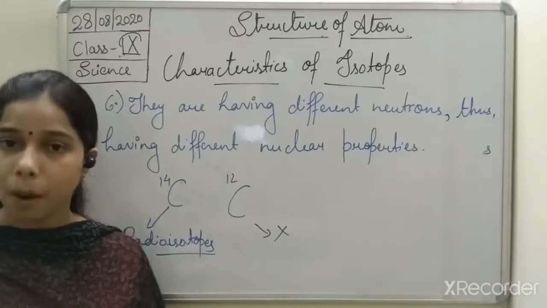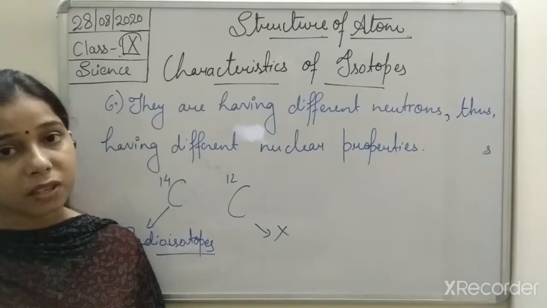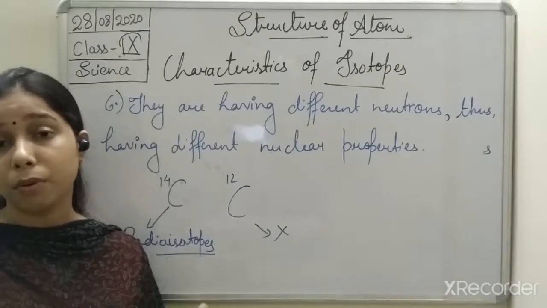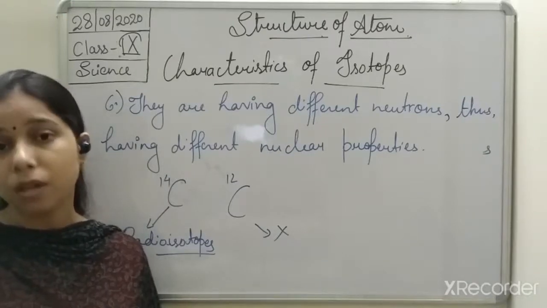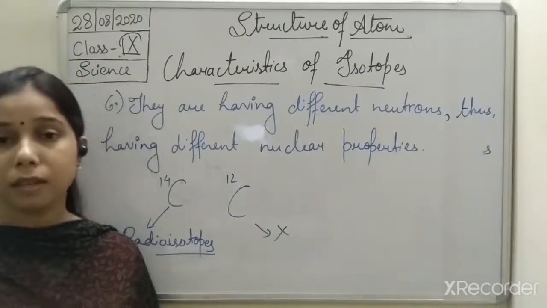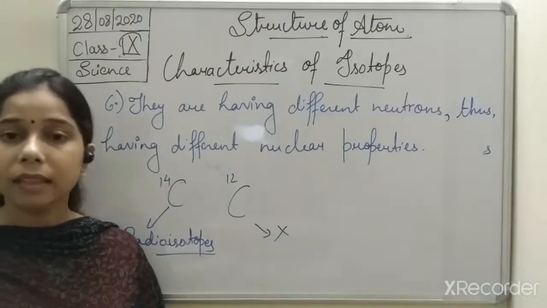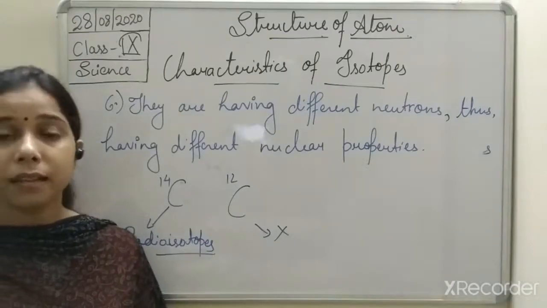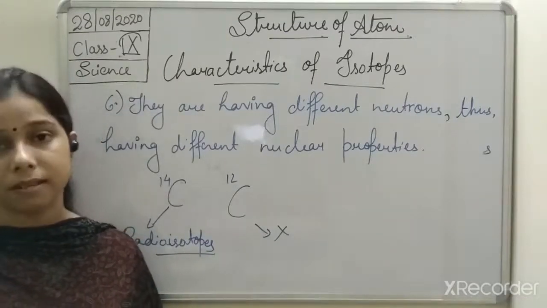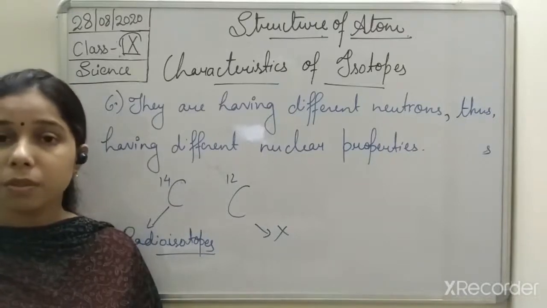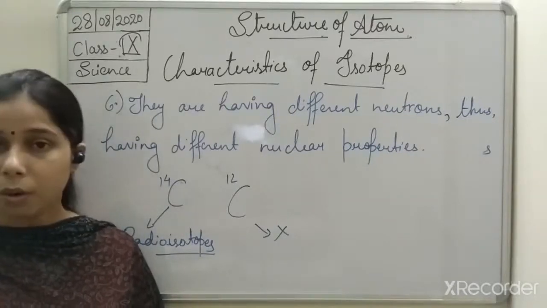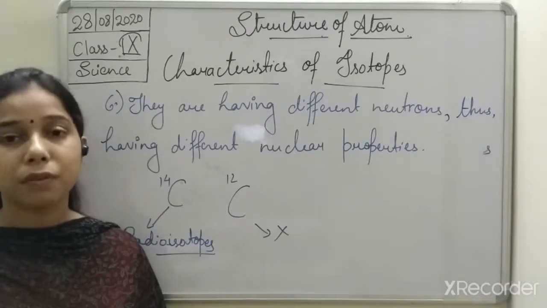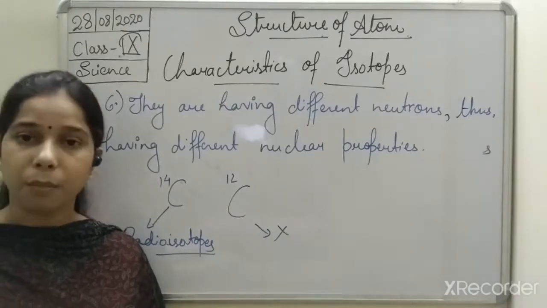The electronic distribution is the same, and that is why there will be no change in their chemical properties. Then the third one is that they differ from each other only through their mass number, which means just because of their neutrons. Protons remain the same, but the neutrons vary.